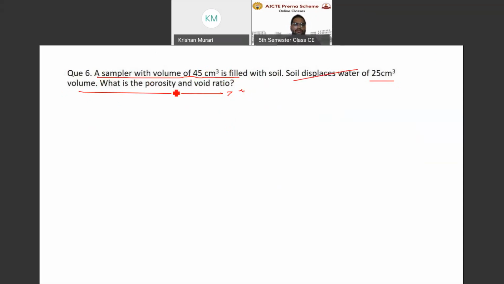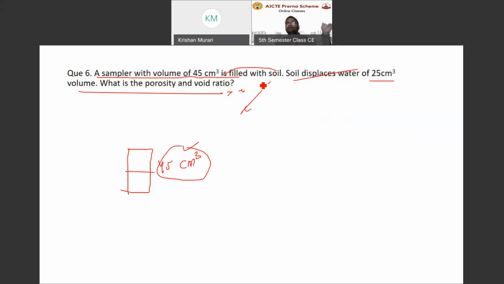So what is given here? A sample volume is given to you, that is soil, and that volume is 45 cubic centimeters. The total volume is 45 cubic centimeters and the sampler is filled with soil. If you consider your whole container volume as soil, that means the soil volume is 45 cubic centimeters.